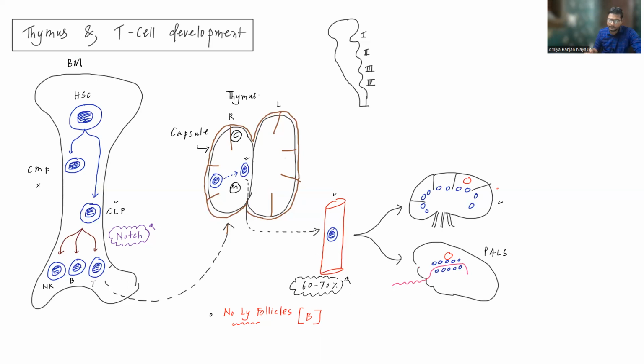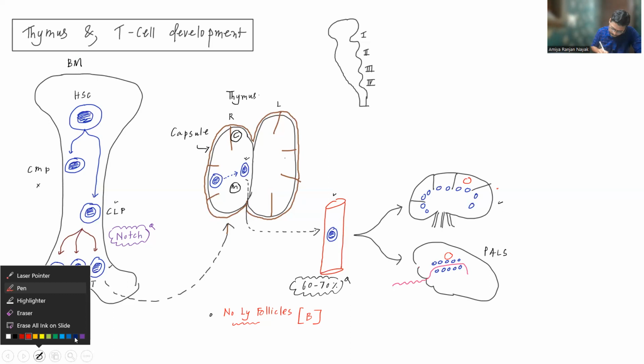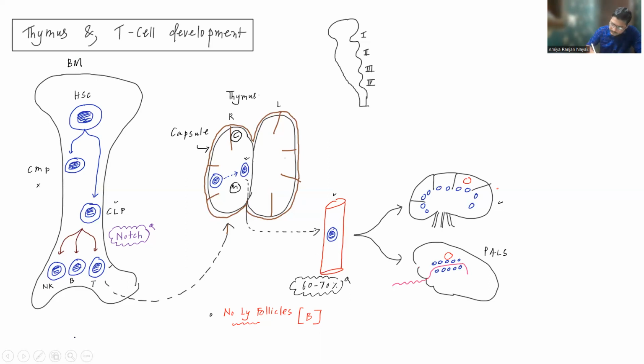The next thing is about the development of the thymus. The thymus develops from the third pharyngeal pouch. If you see here, these are the pharyngeal pouches. The first pharyngeal pouch will give rise to the auditory tube. The second pharyngeal pouch will give rise to the palatine tonsil.